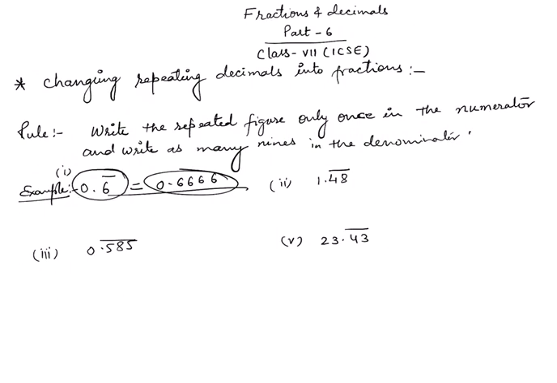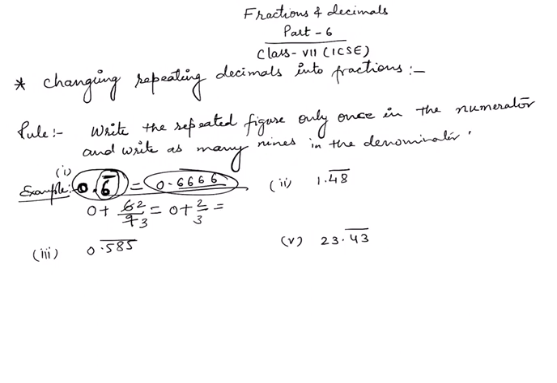Write the repeated figure only once in the numerator, and whatever is written before the decimal we will add to it. So we write 0 plus 6. 6 is repeating many times, but we take it only once. 6 upon 9, because this is only one digit, so we write one 9. So we can write 0 plus 6 upon 9, and we can simplify: 3 2s are 6, 3 3s are 9.